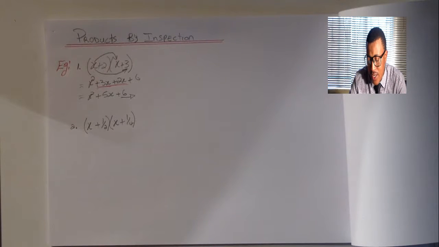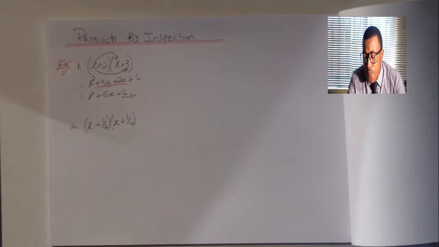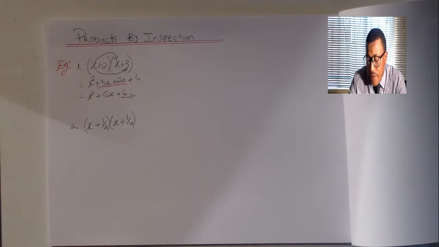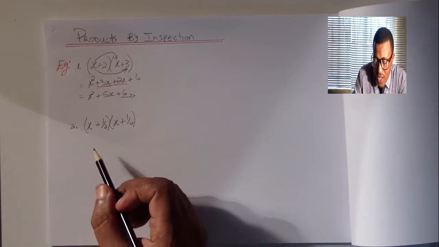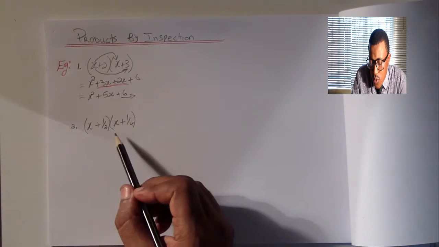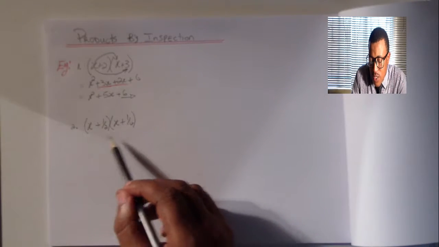We have fractions here. I hope and I still believe you are still familiar with your previous grades where you studied fractions, decimal fractions and so on. The question says multiply by inspection again. We're still following the very same rule. Nothing has changed. The same song, the same step.